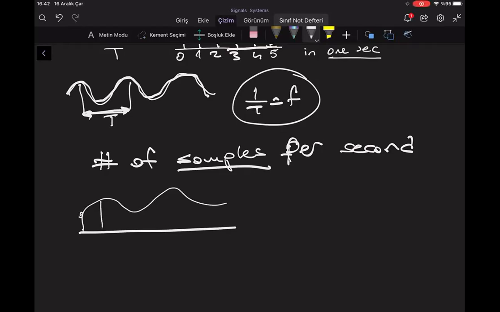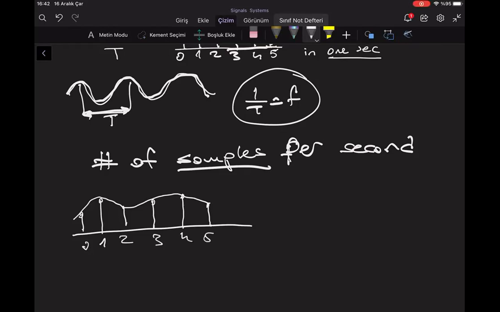I have these samples. Okay, 1, 2, 3, 4, 5. This is n, but I say this is 0, this is 1 second. What is my sampling frequency? 6 hertz. Any other ideas?